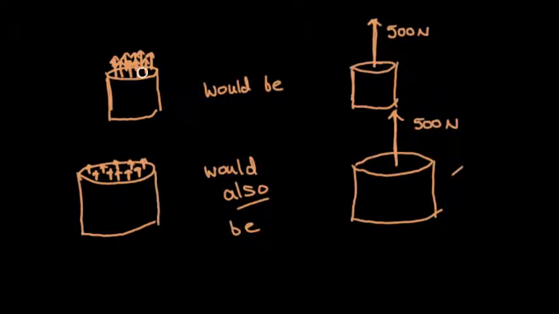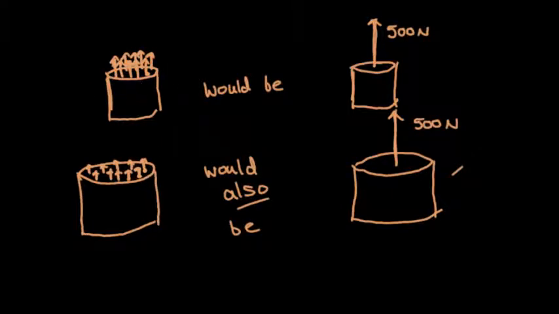But we know intuitively that this cylinder is going to break or bend or whatever first. Why? Because each molecule is experiencing a larger force vector, even though they all add up to 500 newtons in the end. These poor points on this cylinder are experiencing way more force than the points on the cross-section of this cylinder. So we need a way to account for this.